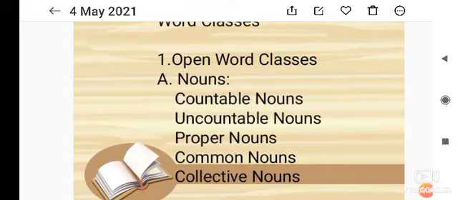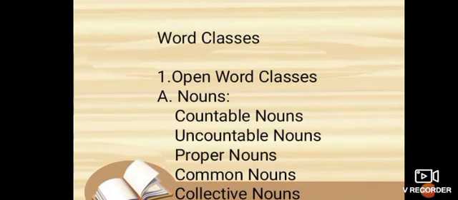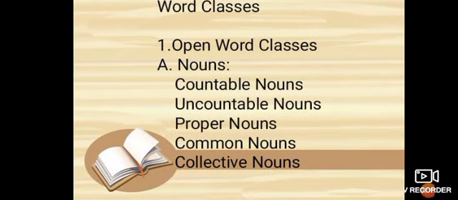Then fourth, common nouns. A common noun denotes a name given in common to every person, place, thing, or animal of the same class or kind.